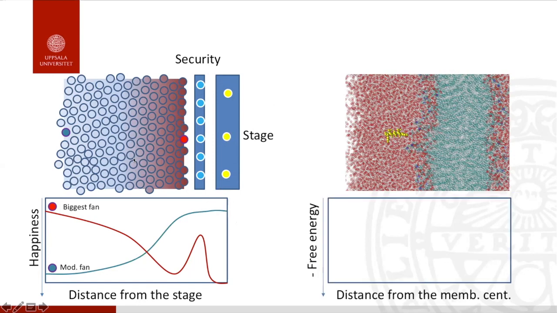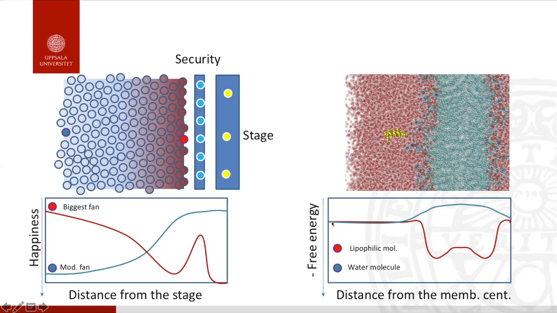And they definitely don't want to mess with the guards and with the rock band itself, so they are just listening to the music. It can be interpreted the same way with molecules and how happily they would go inside the membrane. If you have a lipophilic molecule, it would maybe be the happiest, if I can say so, at the interface, where the hydrophobic part would stay within the membrane, and the hydrophilic part would stay outside in the solvent, in the water here. Whereas a water molecule itself definitely doesn't want to go inside the membrane, so it would stay outside.